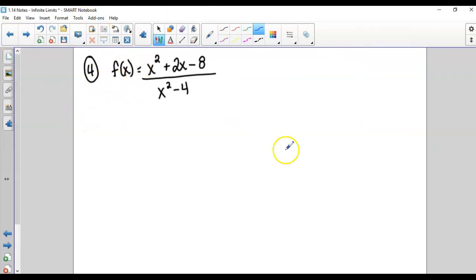Okay, so if we have a problem like number 4 here, and we need to find the vertical asymptotes for this graph, then we would factor, and we would have x plus 4 and x minus 2 in the numerator, and we would have x plus 2, x minus 2 in the denominator.